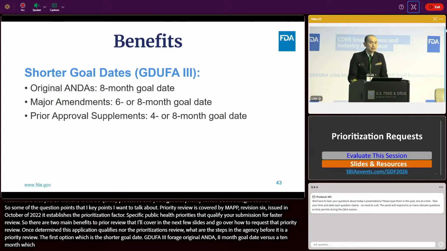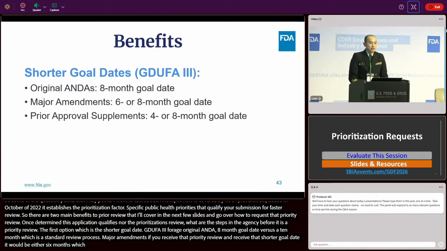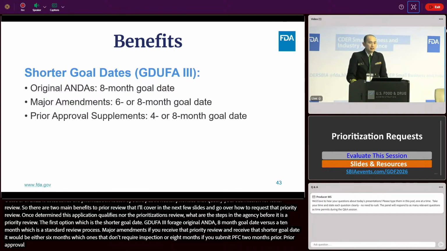For major amendments, if you receive that priority review and receive that shorter goal date, it would be either a 6-month, which is ones that don't require inspection, or 8-month if you submit PFC 2 months prior. And then for prior approval supplements, it would be eligible for a 4-month goal date, which is ones that don't require an inspection, or an 8-month goal date for those that submit a PFC 2 months prior as well.